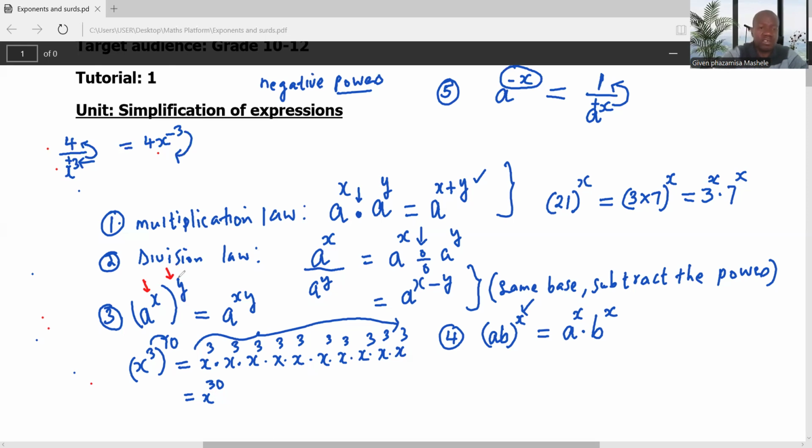So let's do an example in terms of this. Let's do one example because this is very important.